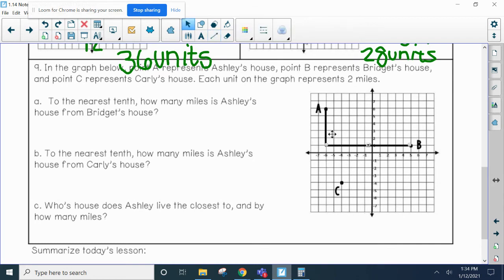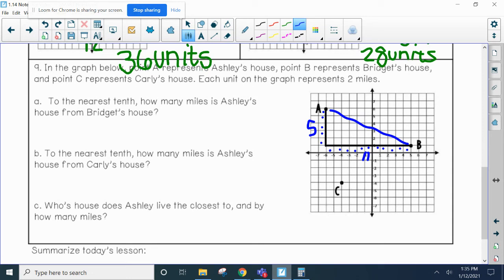So A to B, we have 1, 2, 3, 4, 5 units up, and then 1, 2, 3, 4, 5, 6, 7, 8, 9, 10, 11 units. So those are our two sides that are going to add together squared to equal that missing length.